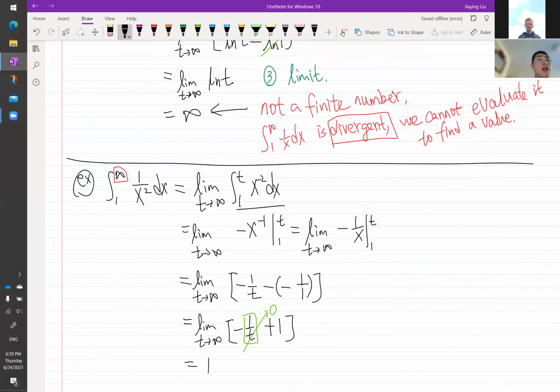It's actually a finite number. So this number is the value of the integral that we had earlier. When we evaluate this integral, we end up with 1.